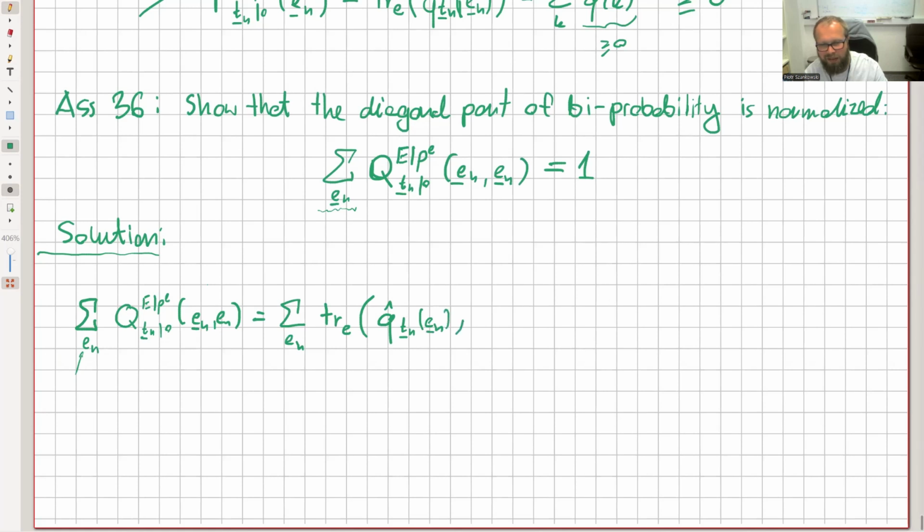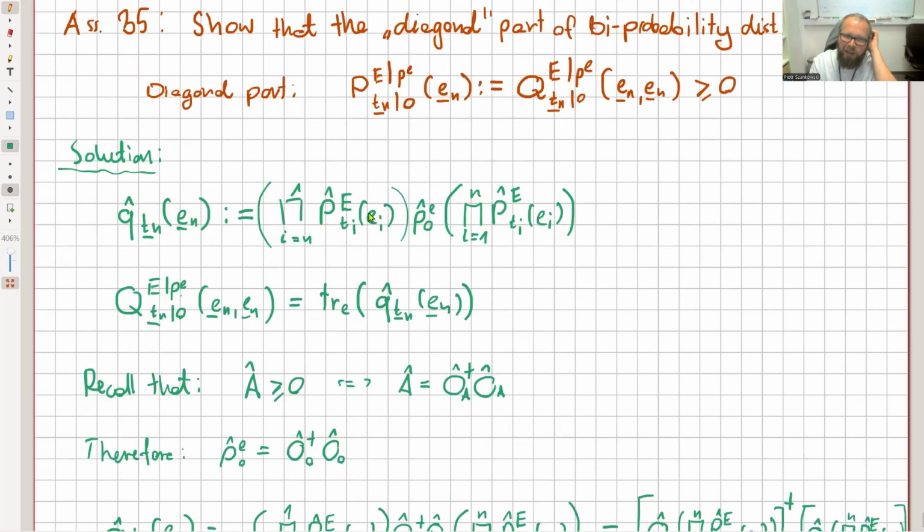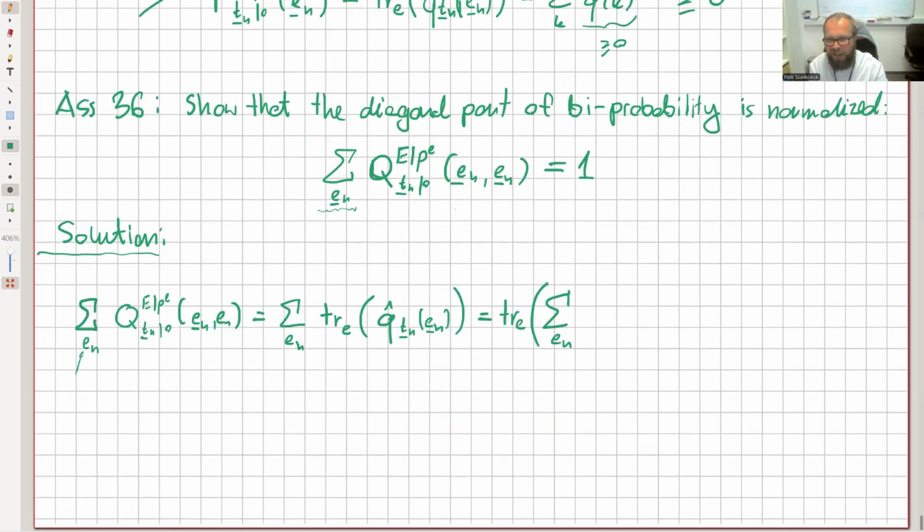All right. But now we know it's a trace, so we can enter the sum under the trace. And operator Q is basically, right, you take the density matrix in the center and you start sandwiching it with projection operators from both sides. So let's keep some outside for a second.